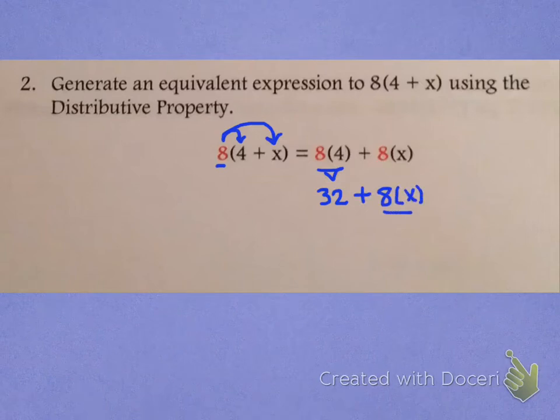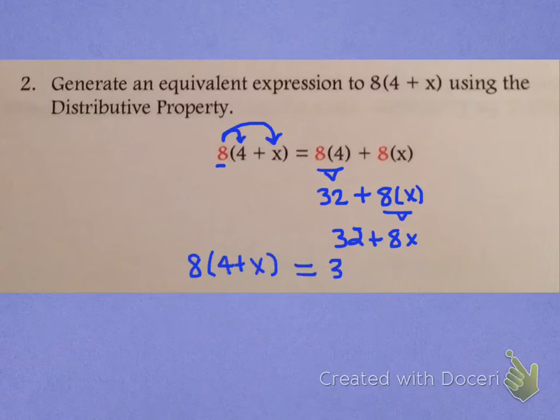Then we have 8 times x. Well, we don't know what x is, so it is just 8x. So 8(4 + x) is equal to 32 + 8x.